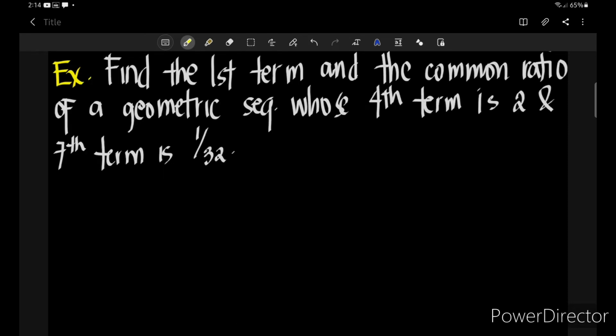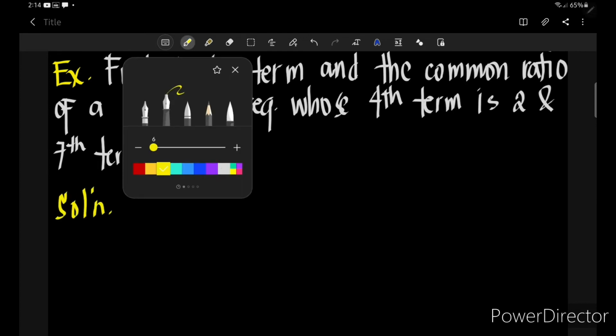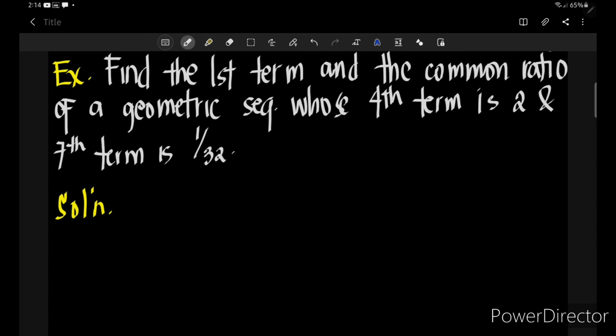For our second example under geometric sequence, find the first term and the common ratio of a geometric sequence whose fourth term is 2 and its seventh term is 1 over 32. As usual, ilista mo lang muna yung mga given para hindi tayo malito. So, ano ba ang given? Fourth term, that is 2.